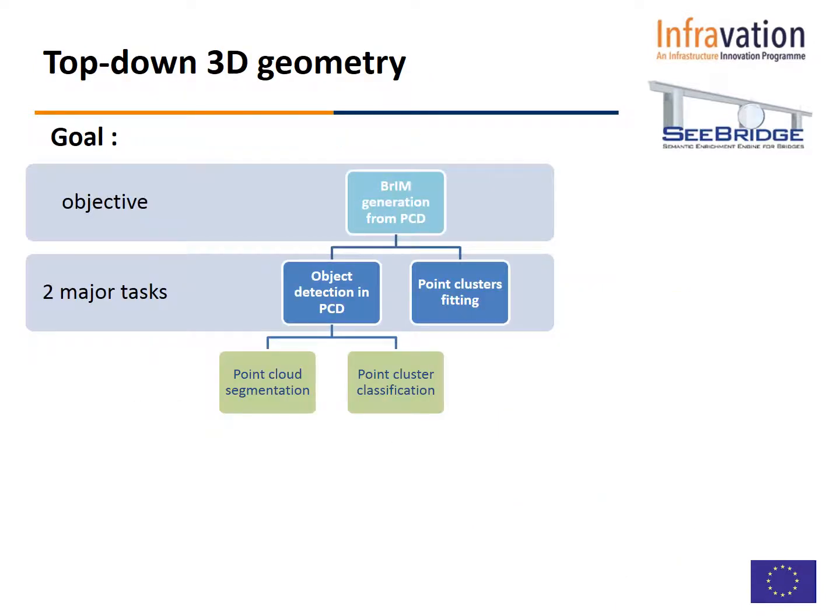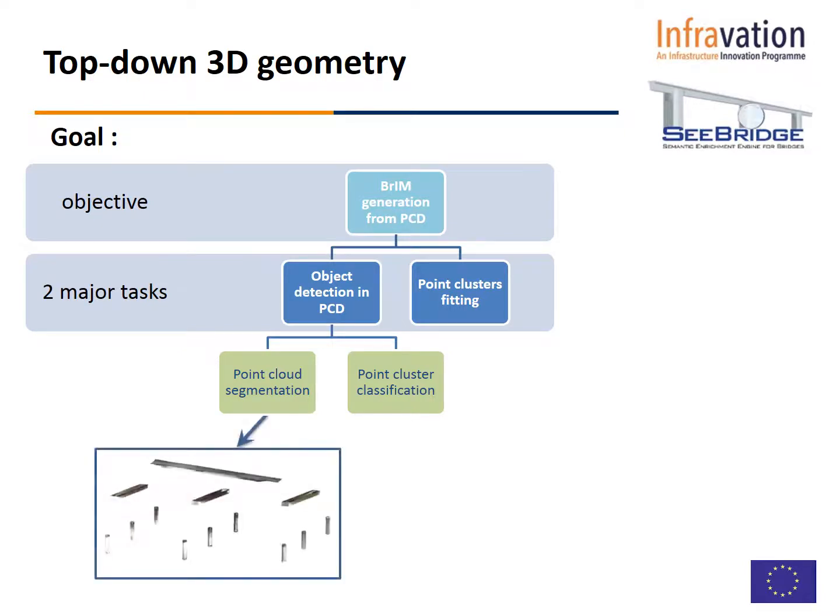In the top-down approach, our objective is to generate this solid model from the point cloud data. The top-down then breaks down into two major tasks. One is, can we detect the minimal components from the point cloud, and once we have that, can we fit or recover the geometry associated with those minimal components.